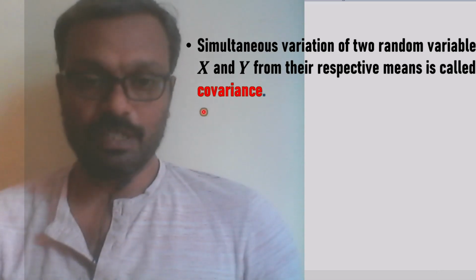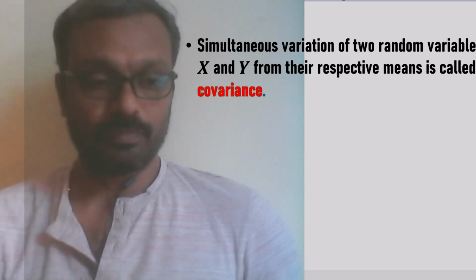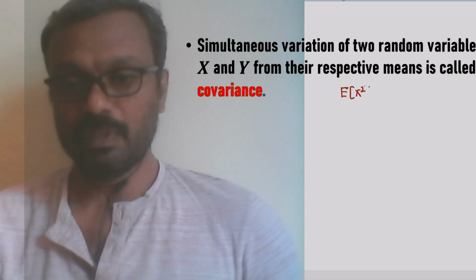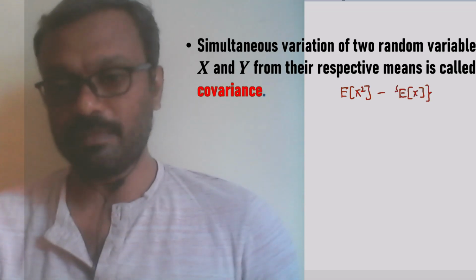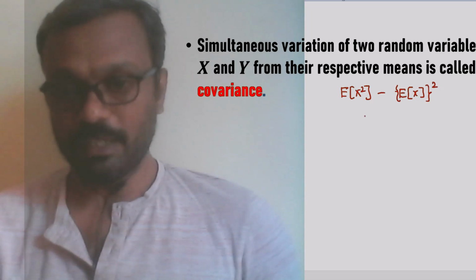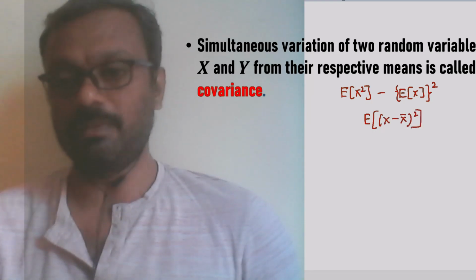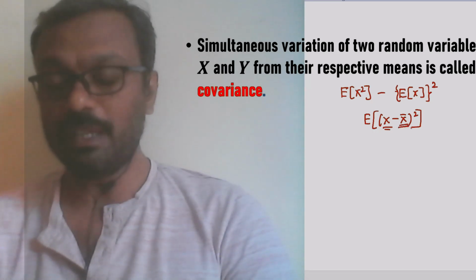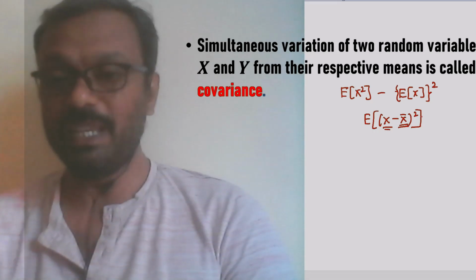And we know the formula for variance is E of x squared minus E of x the whole square, or in short we can say it is the average of x minus x bar the whole square. So a random variable, how far it varies from its mean. So this is called as variance.